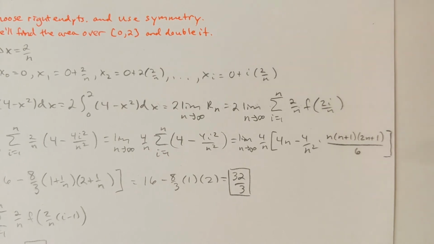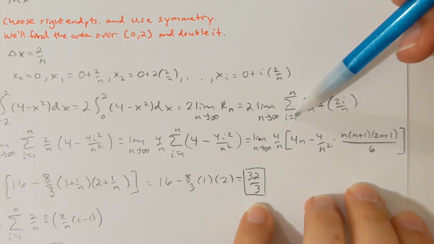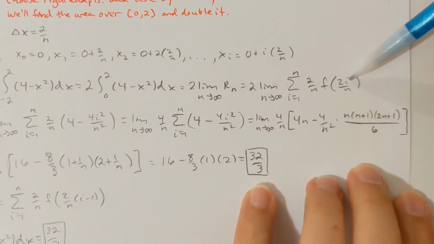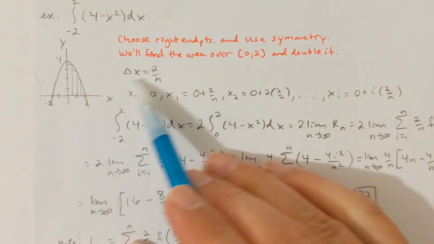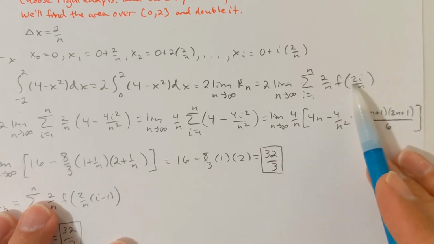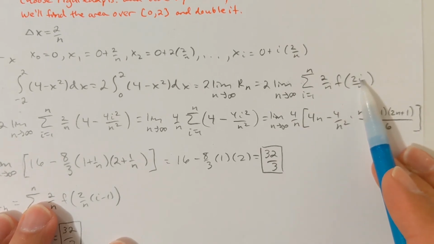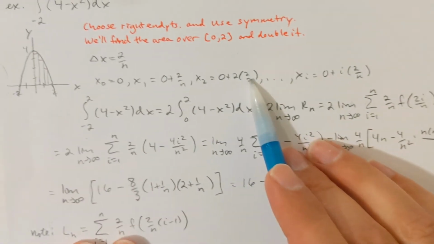Okay, and it's a good idea to check and make sure that your formula is correct. Like if I let i be 1, the first right endpoint would be at 1 increment of the width away from 0. Well, yeah, that's what I said. Okay, if i is 2, you're going to be at 2 times 2 over n. That'd be 2 increments of the width away from 0.